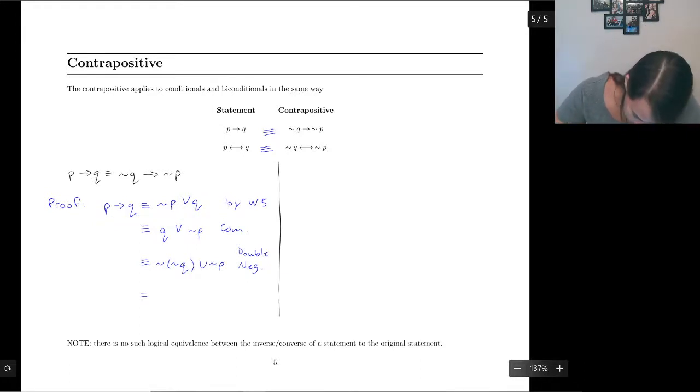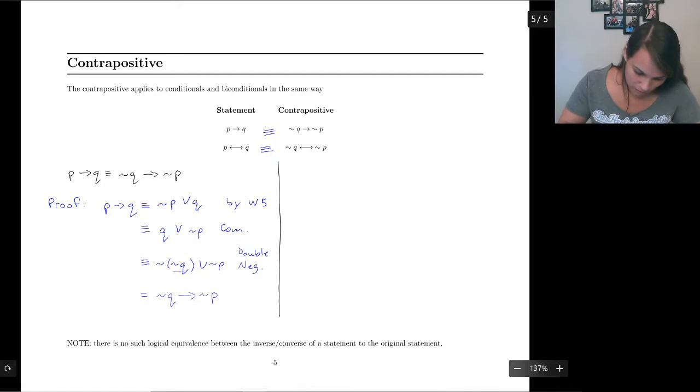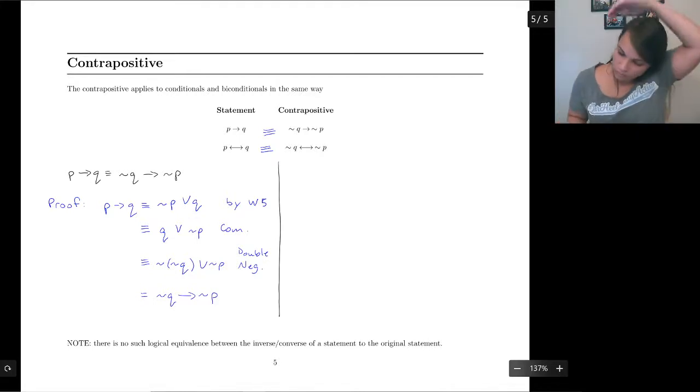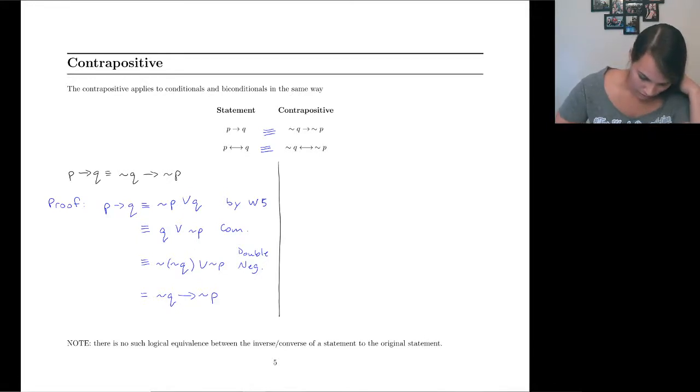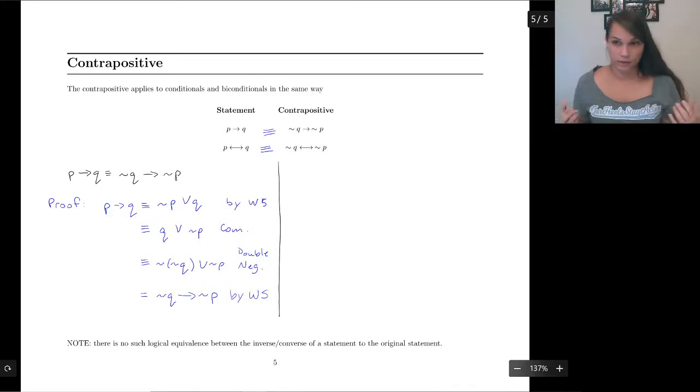It's going to be equal to not Q implies not P. Here, not Q is sitting where P was sitting, and not P is sitting where Q was sitting. So once again, by worksheet. So that's the first one.